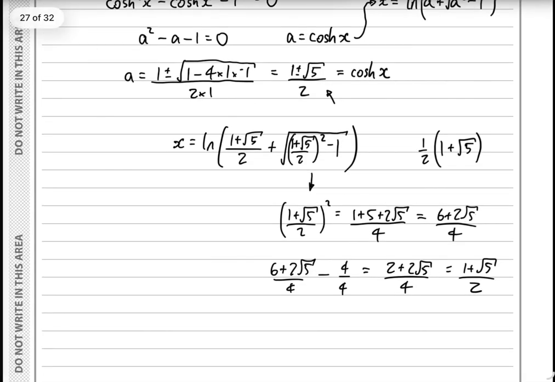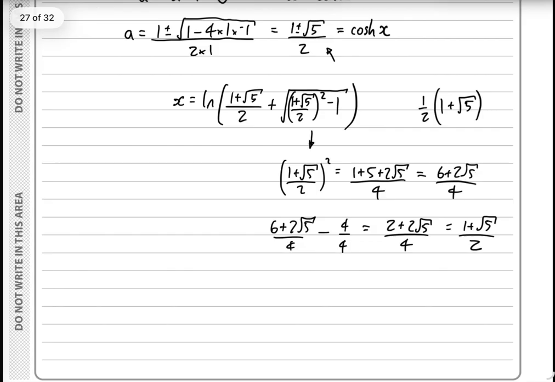Yes. Okay, so the thing outside the square root is the same as the thing inside the square root. So x is equal to the log of 1 plus root 5 over 2 plus the root of 1 plus root 5 over 2.